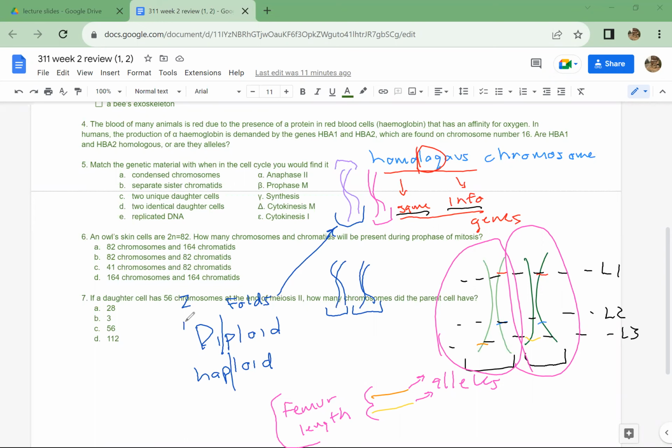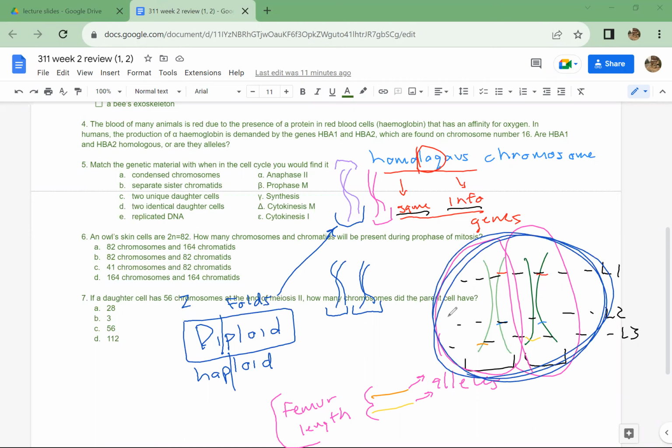So being a diploid is entirely reliant on whether or not a cell has homologous pairs within it. Because we have more than one homologous pair within our own cells.